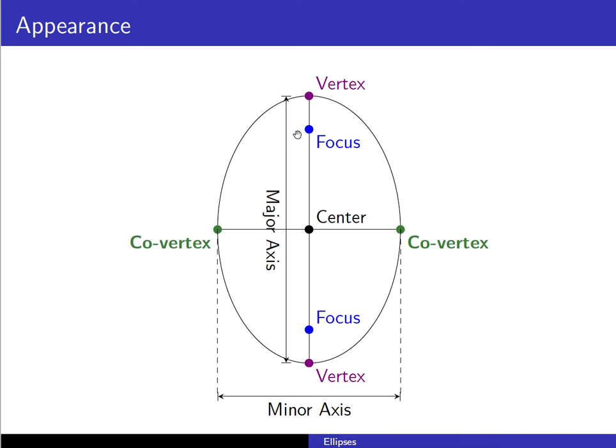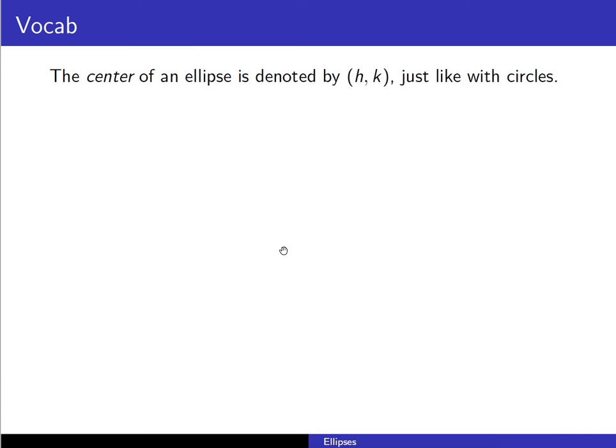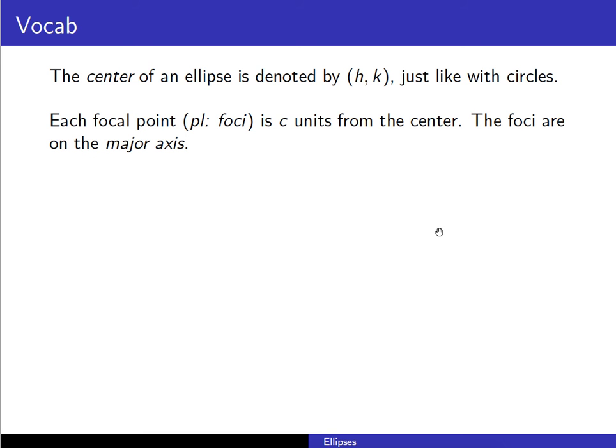Again, if it's a tall ellipse, the major axis runs up and down and the minor axis runs left and right. The minor axis is always perpendicular to the major axis. The center of an ellipse is denoted (h, k), just like with circles. Each focal point, the plural being foci, is c units away from the center, and the foci are always on the major axis.